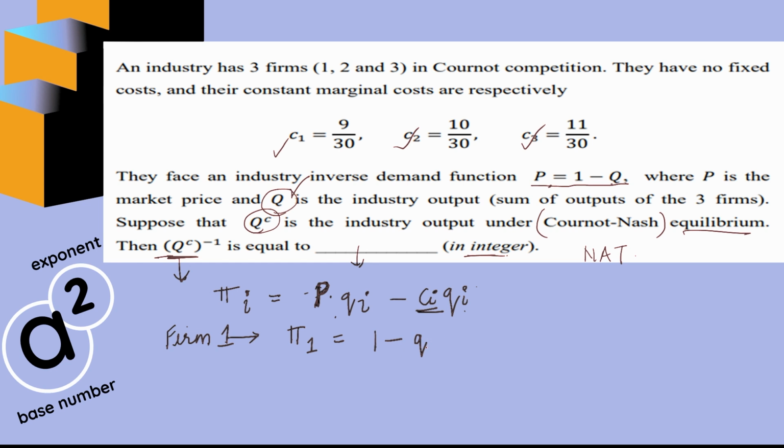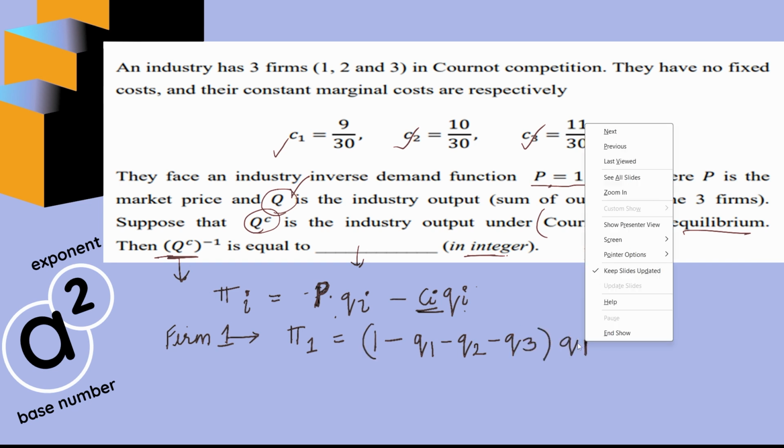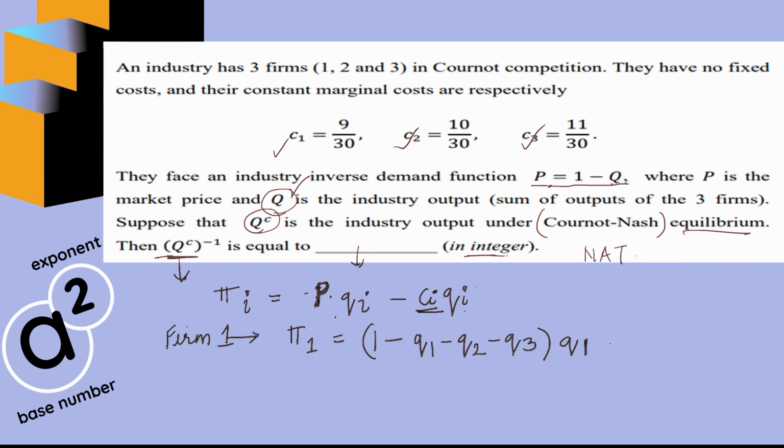So 1 minus Q1 minus Q2 minus Q3, the whole multiplied by Q1, minus C1 Q1. To solve this, you take the first order derivative.